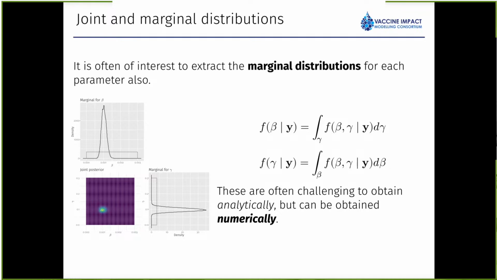Yes. So this is the marginal distribution for gamma, and I've just flipped this around. But what I was thinking about was what sort of summary measure of a distribution would you use to summarize it.